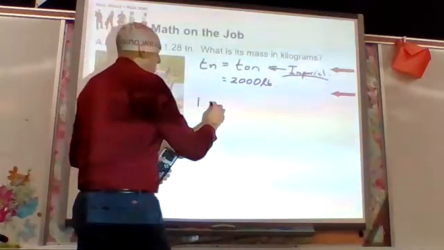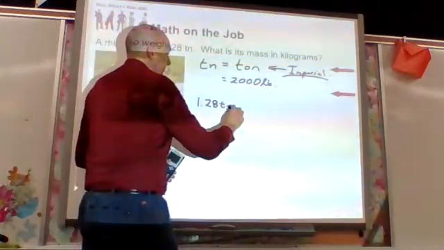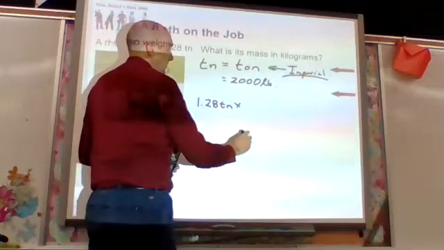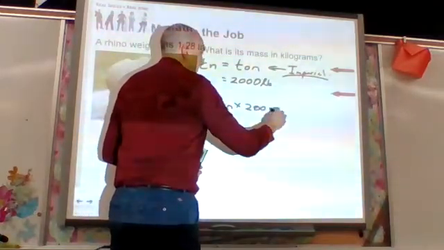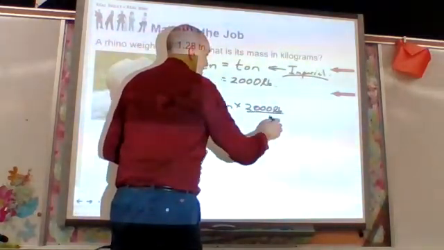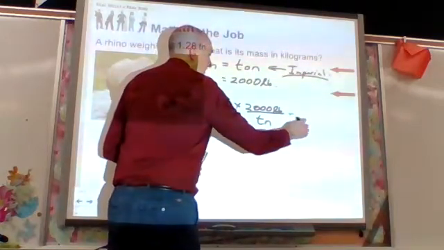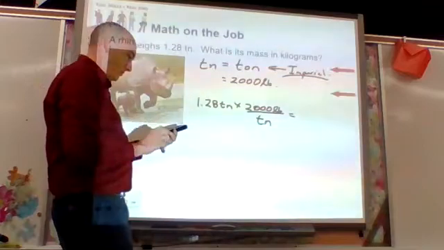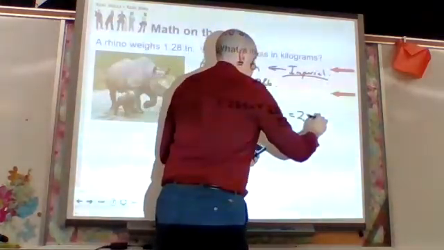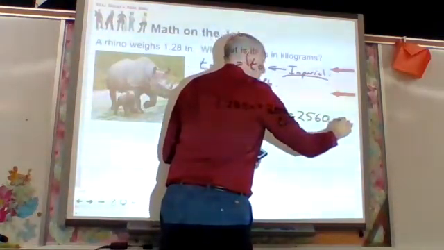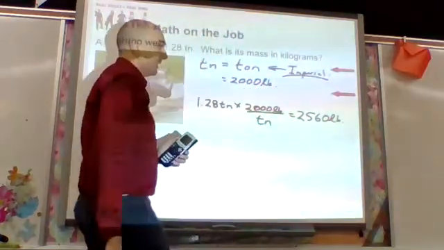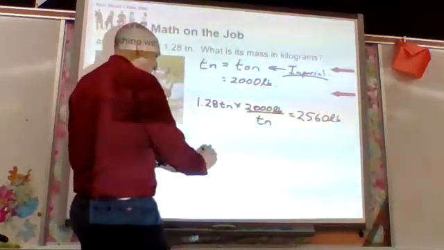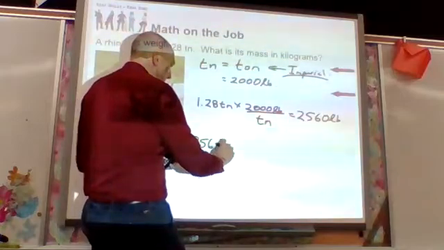So 1.28 tons times 2,000 pounds per ton equals 2,560 pounds, not kilograms.